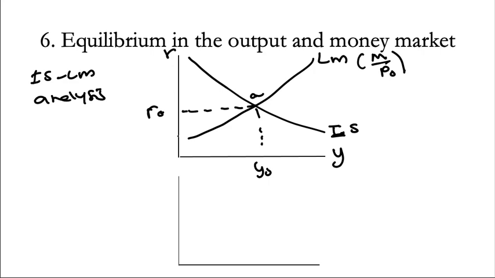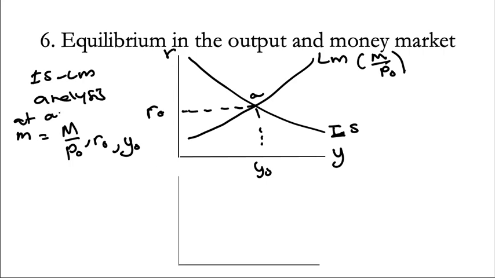So we have initial point where we have real money equals to M over P naught, alright? Interest rate R naught, equilibrium income Y naught, okay?